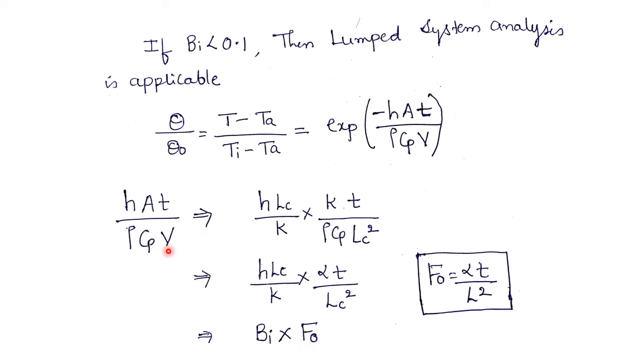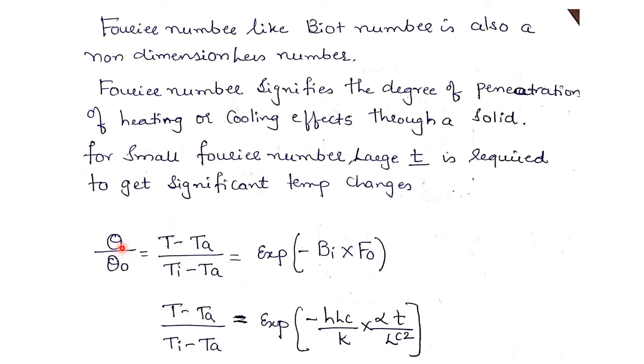In this equation I will replace H into A into T divided by rho into Cp into V, so theta by theta naught is equal to T minus Ta divided by Ti minus Ta, which equals exponential of minus Biot number into Fourier number, where Biot number is given by H into LC divided by K, and Fourier number is given by alpha into T divided by LC square.